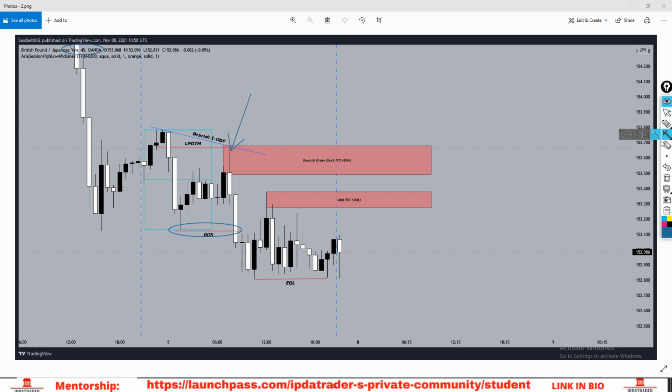And as such, it mitigated a previous block, which means that we have a last point of true mitigation. This is where orders were lastly introduced in regards to smart money institutions, whatever you want to call them. So we know that this area over here is going to be of interest potentially, right?